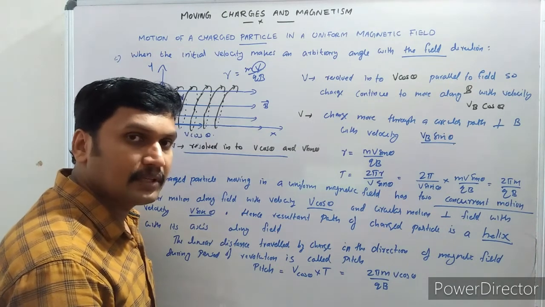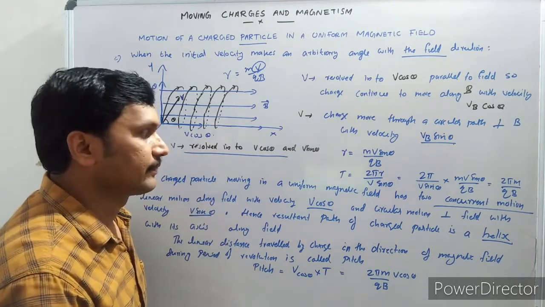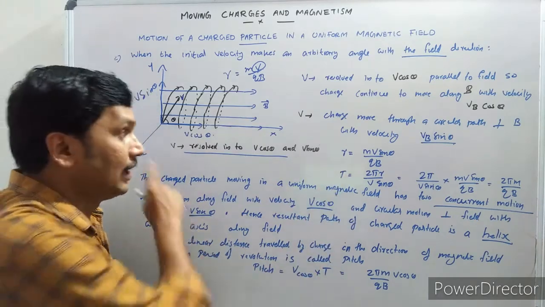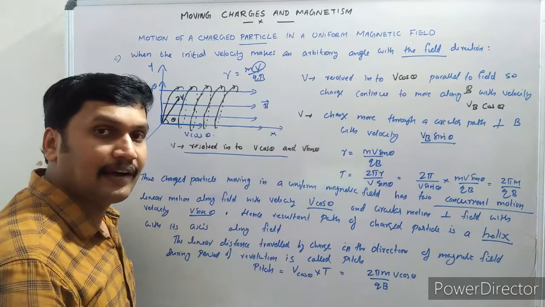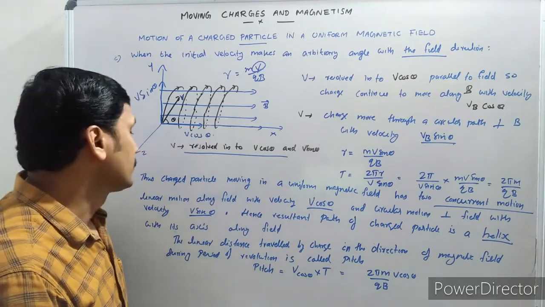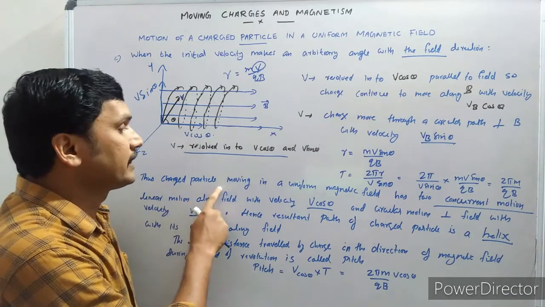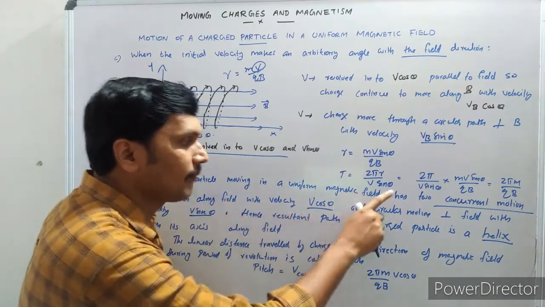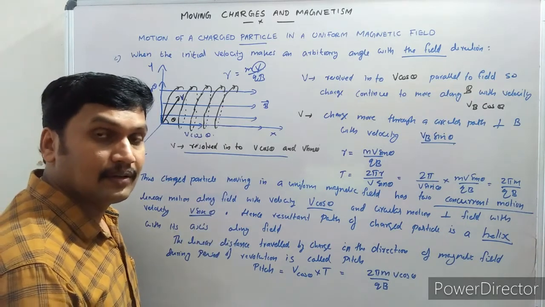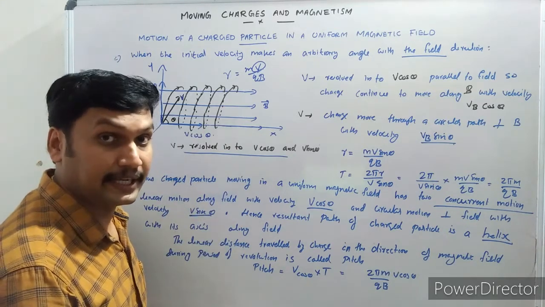Now, see, the charge has two types of motion. That is, it has a linear motion along the direction of the magnetic field and a circular motion which is perpendicular to the direction of the magnetic field. Thus the charged particle moving in a uniform magnetic field has two concurrent motions, two types of motion at the same time.